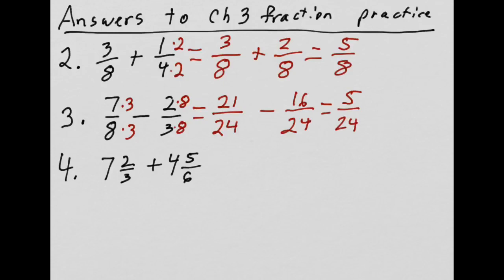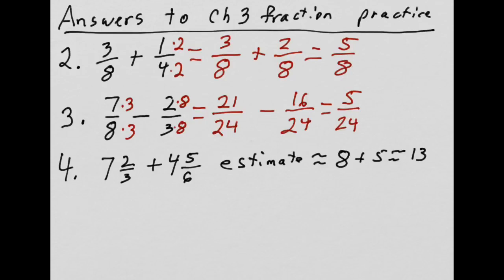For the estimate, I'm going to look at 7 2/3, and 2/3 is more than a half, so I'll round 7 2/3 up to 8. 4 5/6, that's 5/6 is almost up to 5, so that's plus 5. So my estimate will be 13.